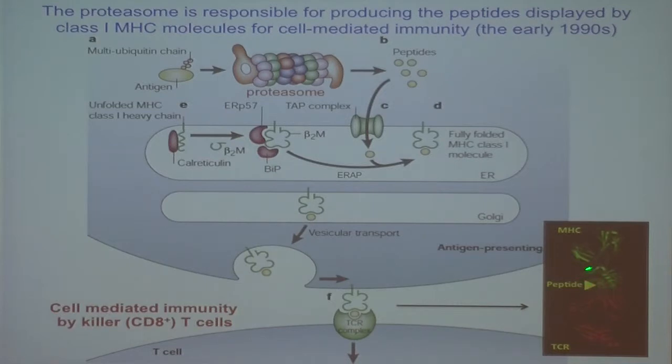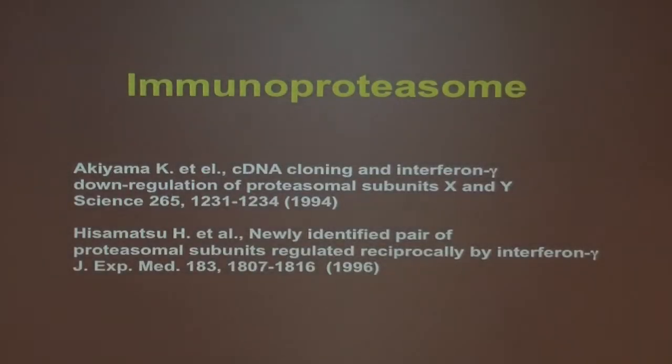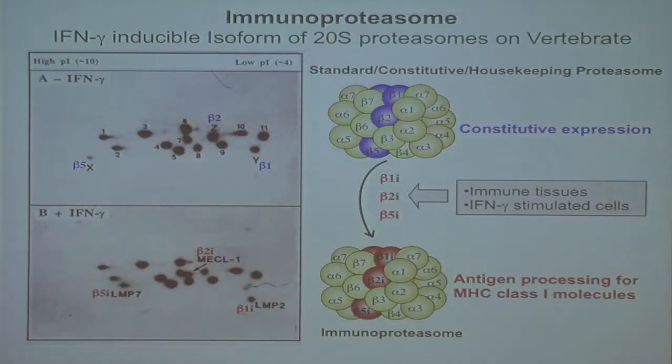So that antigenic peptide, or CTL epitope, is very important for discrimination of self and non-self. We fortunately found the immunoproteasome. I'd like to talk about it shortly.